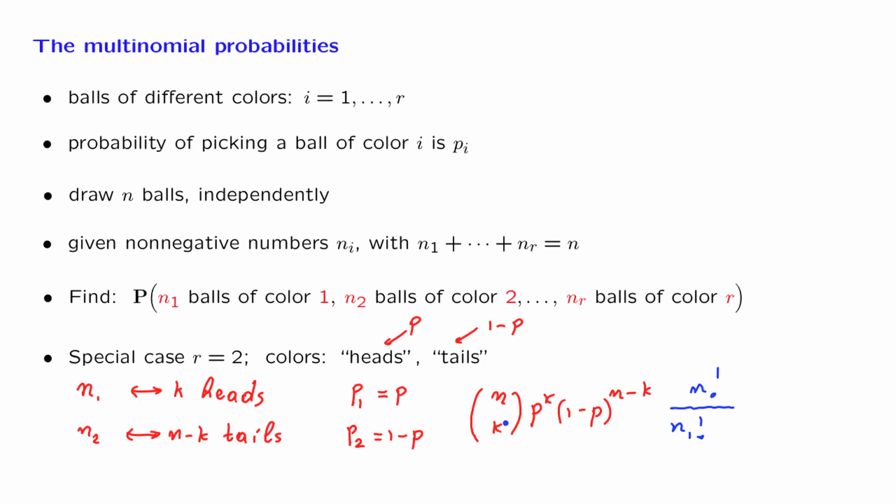But n minus k corresponds to n2, so here we get an n2 factorial. And then p corresponds to p1, and 1 minus p corresponds to p2. So we get here p1 to the n1 times p2, and the power n minus k, again by analogy, is n2. So this is the form of the multinomial probabilities for the special case where we're dealing with two colors.